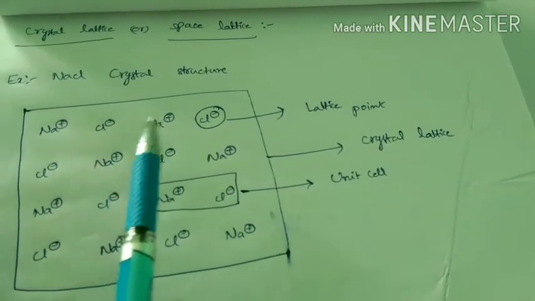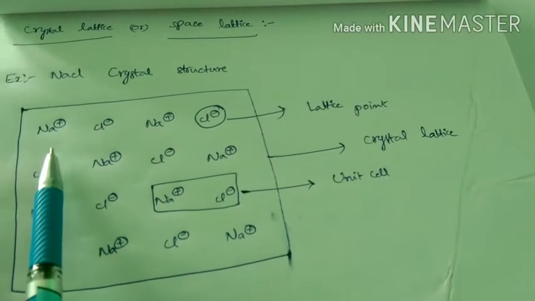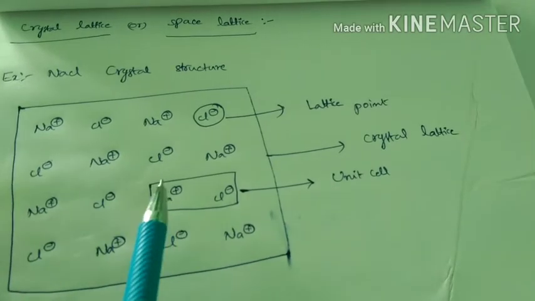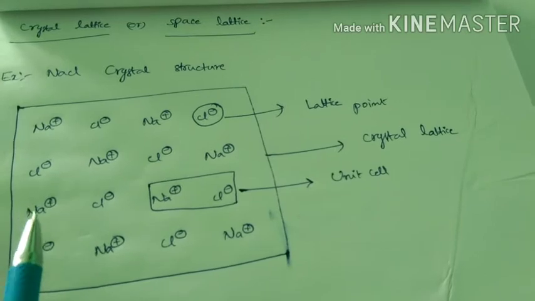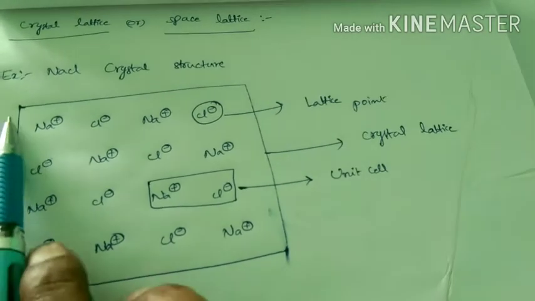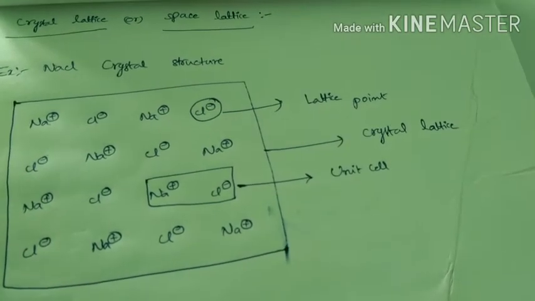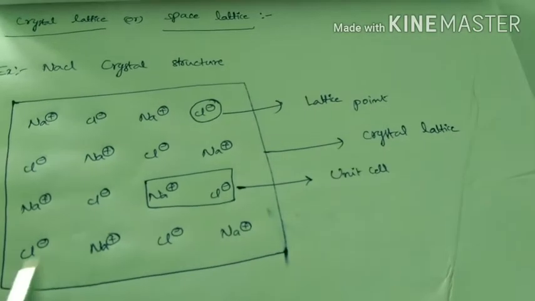Similarly, Cl- also present in alternate positions. And here these ions are present in three-dimensional space. Here I draw just two-dimensional, that means x-axis and y-axis. We can't draw in three dimensions, in the z-axis. So this is the structure of NaCl.